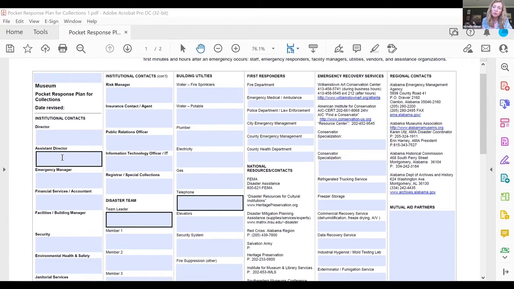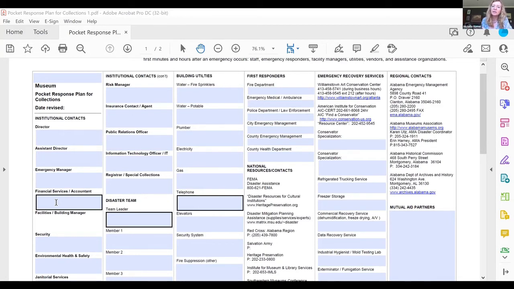So for your institution, who is responsible for emergencies? It might not be a name, but a position, like the chief operations officer. But you need to think about who it would be in your institution.